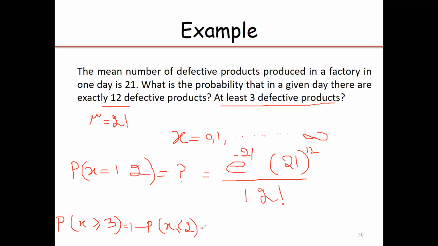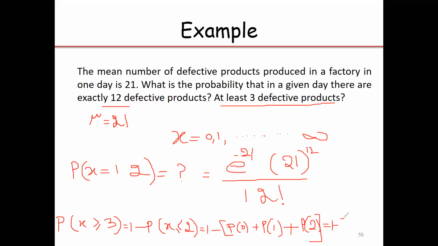So I am computing 1 minus the probability of 0, 1 and 2. How is the probability of 0 computed? So this is equal to 1 minus, the probability of 0 is e raised to the power minus 21.